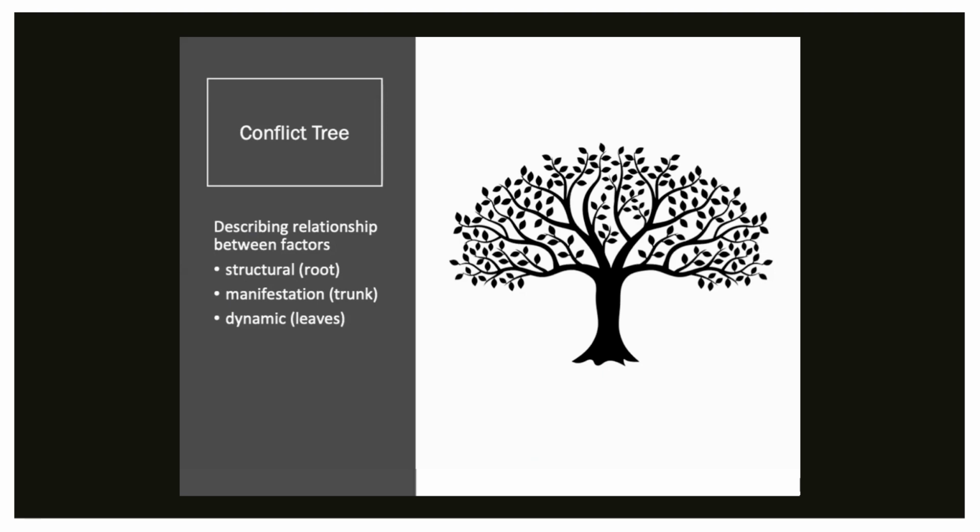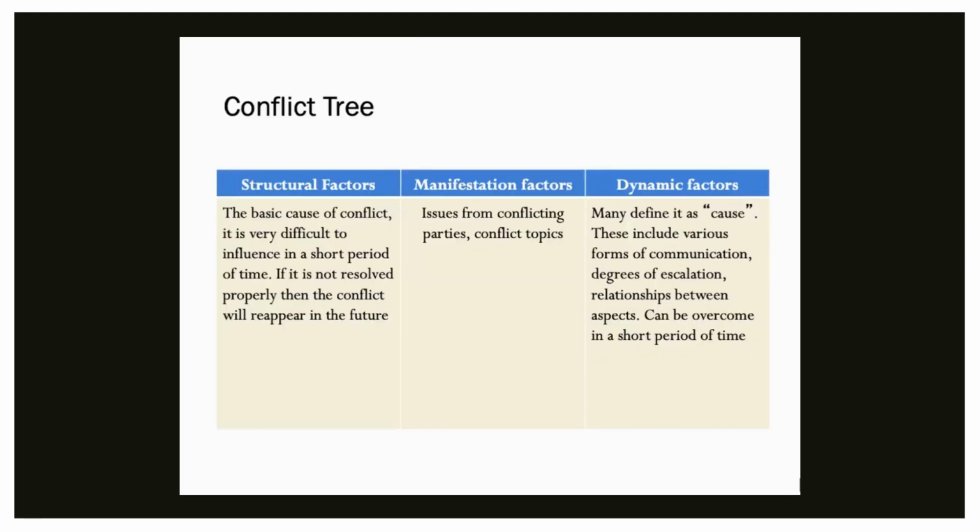We can divide the analysis between the root of conflict, the trunk, and the dynamic or effect of conflict. The root of conflict is the structural factor, the basic causes of conflict. But it is very difficult to influence in a short period of time.